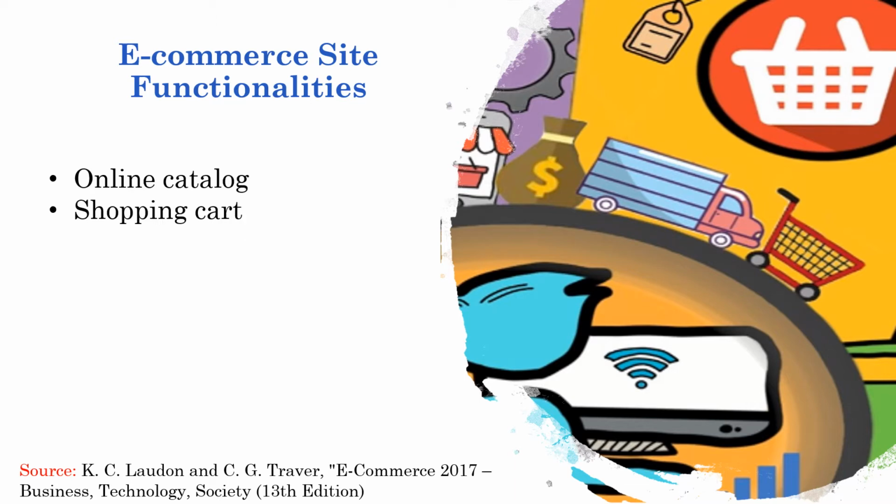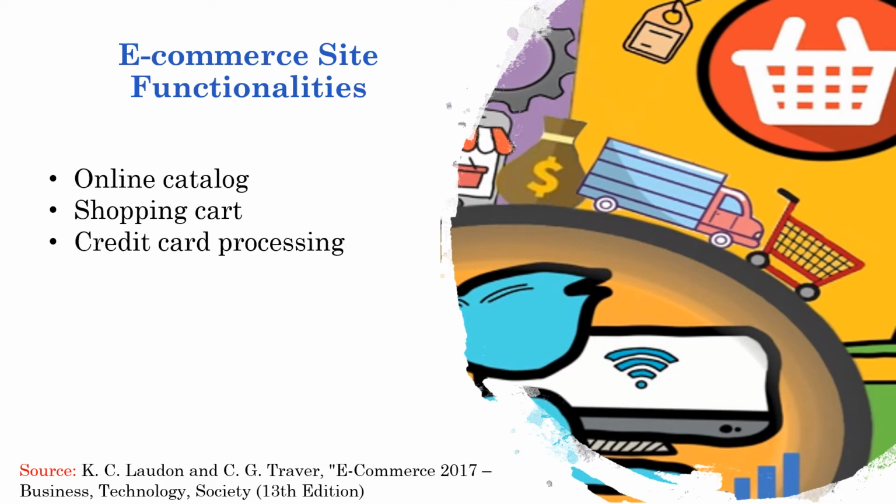Next, we have the shopping cart. The shopping cart enables shoppers to set aside desired purchases in preparation for checkout. They can review what they have selected, edit their choices, and then take an action, which is actually making a purchase by clicking the button.